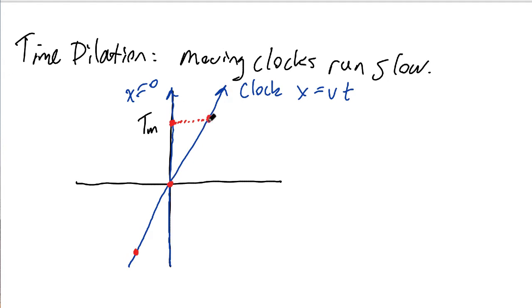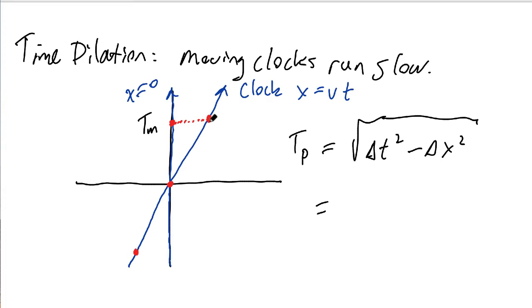That's the time seen on the clock by the clock itself. Well, we can work that out. The proper time interval here, let's call it t sub p for proper, is the square root of delta t squared minus delta x squared.